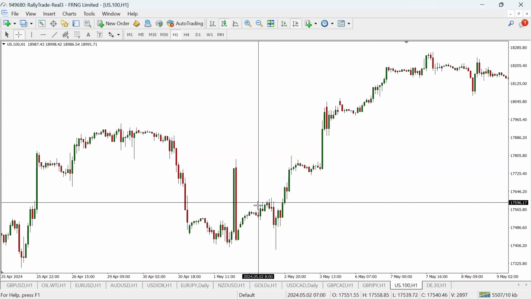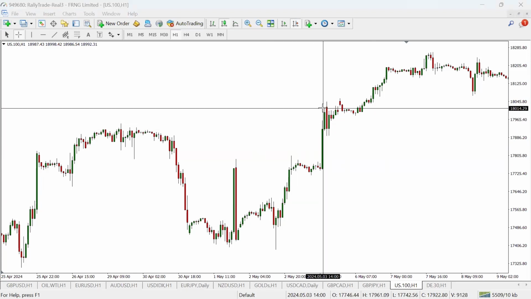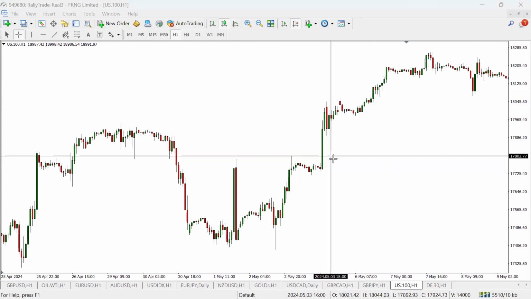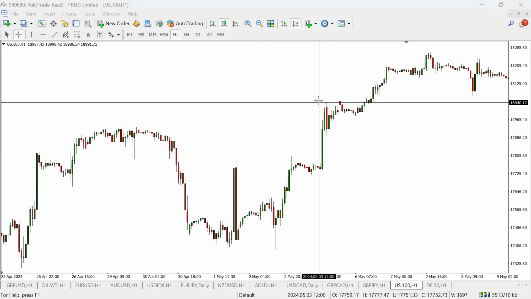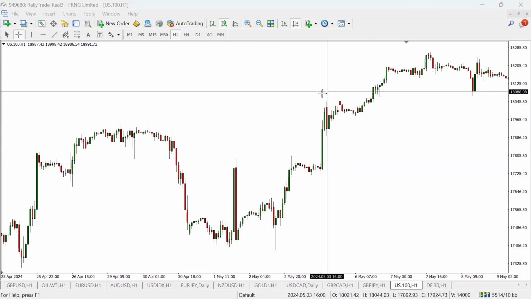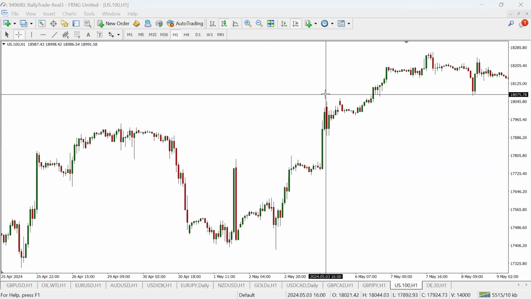So I'm going to teach us two ways. The first thing you can do is put a buy stop above that previous high or the new high that was created, because price is in an uptrend, so new highs are going to be created.